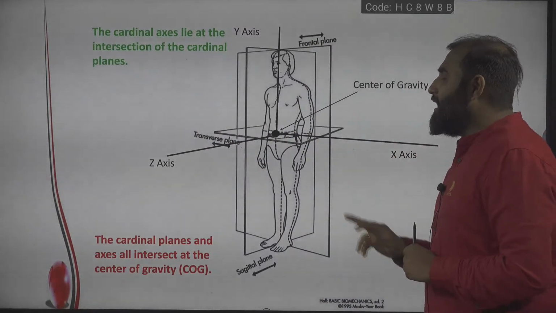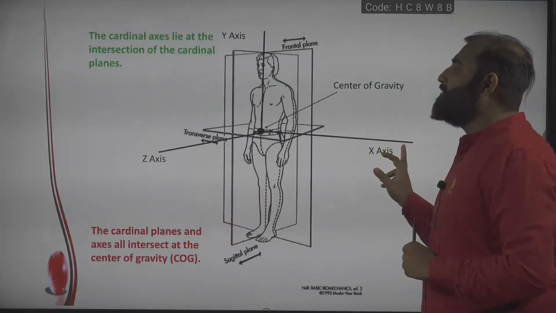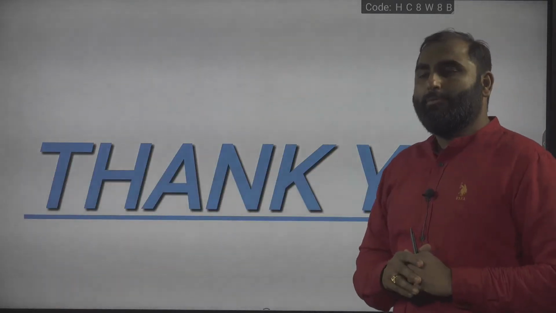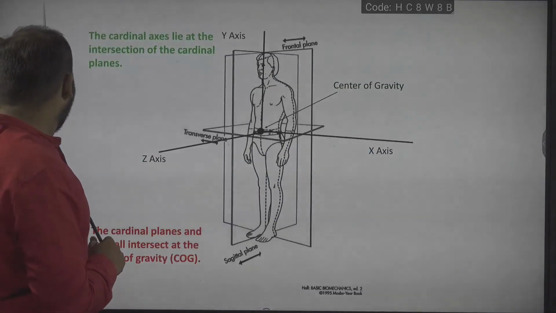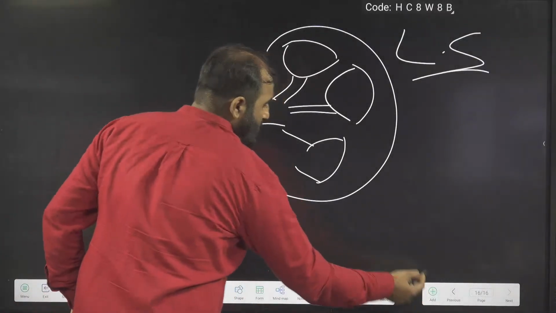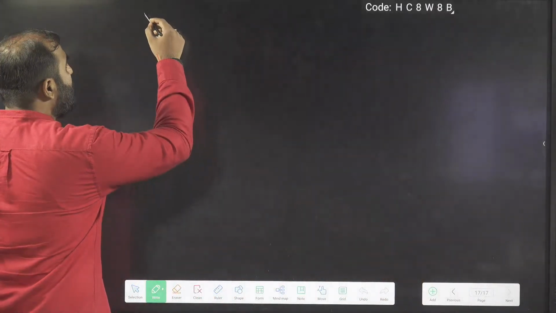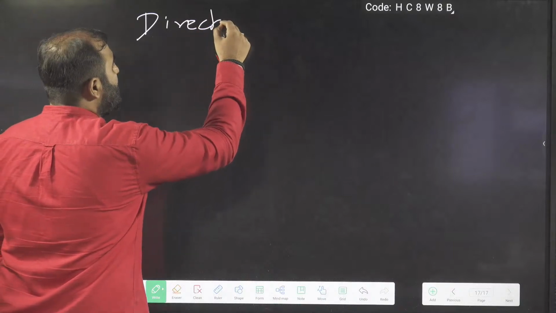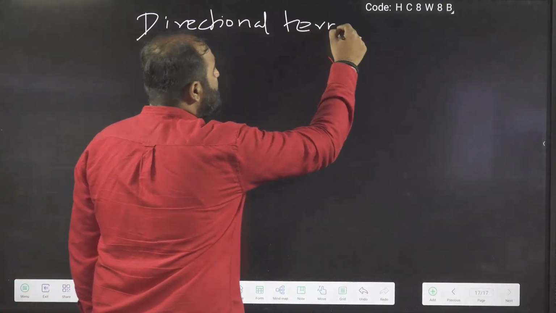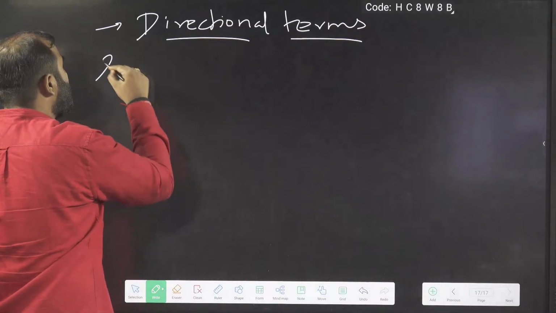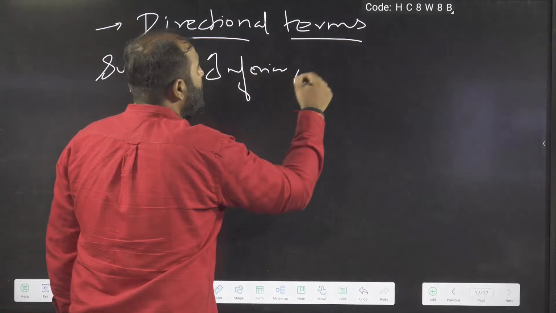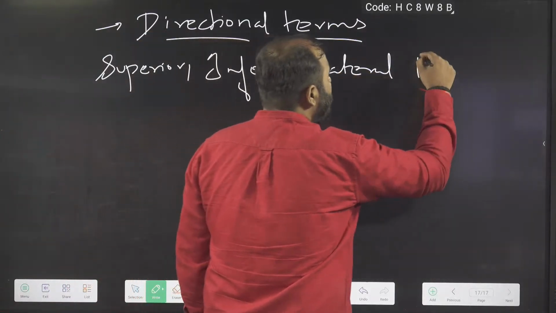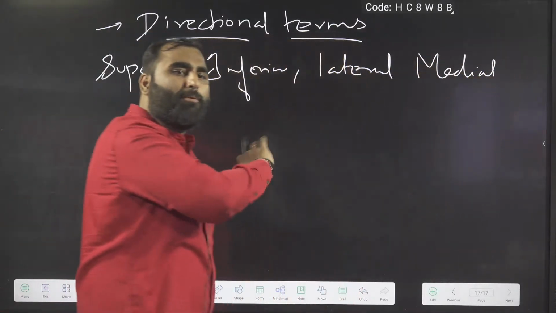Definitely, I am going to share this picture and these notes with everyone. But remember, what is more important here? What is the takeaway from the class? The takeaway from the class is the directional terms, such as superior, inferior, lateral, medial, distal, proximal.